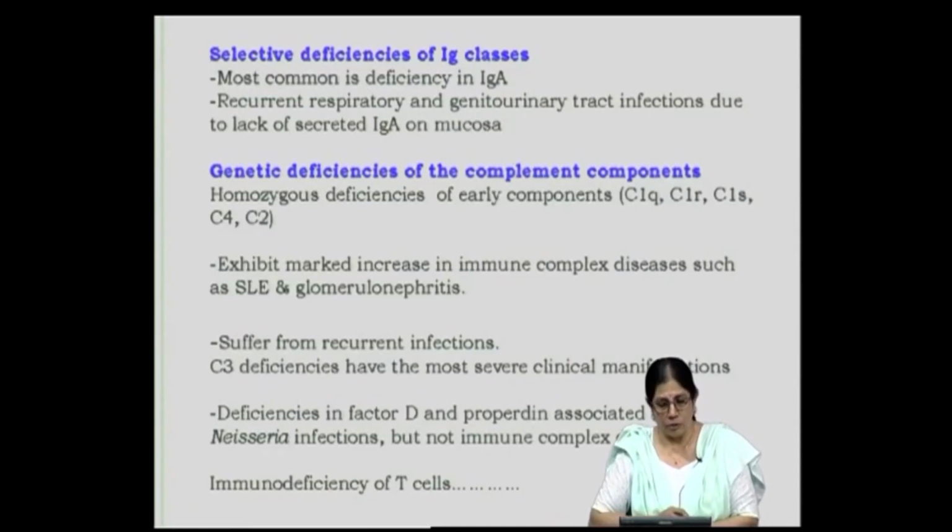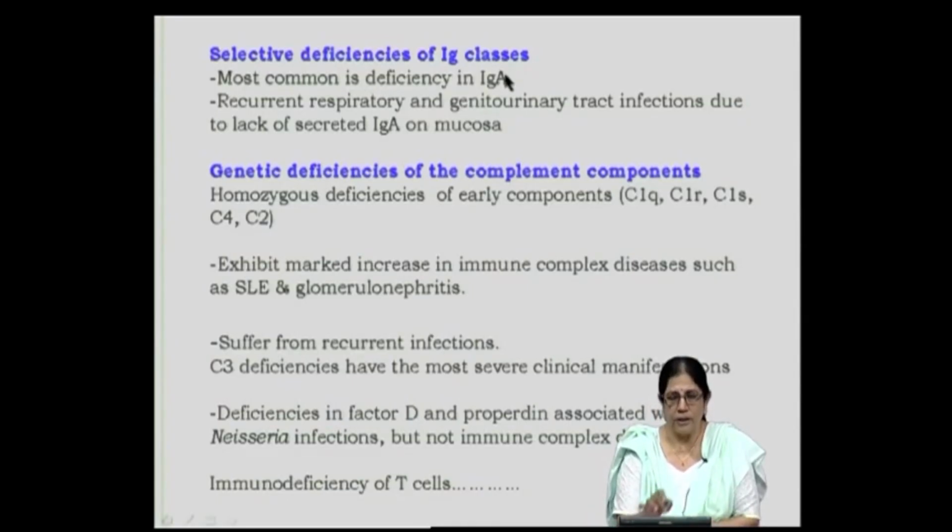Selective deficiencies of immunoglobulin classes have also been seen. There are individuals who do not make IgA, or IgE, or IgA, E and G. The most common one under these deficiencies is lack of IgA. What we talked about earlier is lack of any of the classes, but you can have selective deficiencies. Now, lack of IgA could be because of mutations in the switch region, which does not allow switching of IgM to IgA.